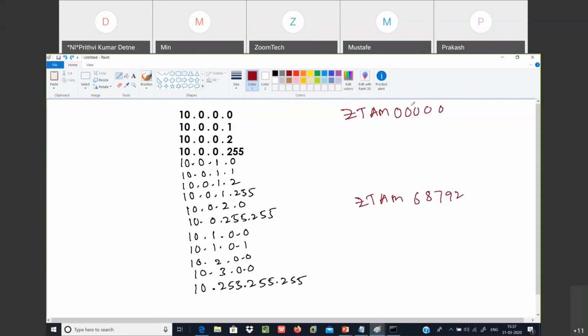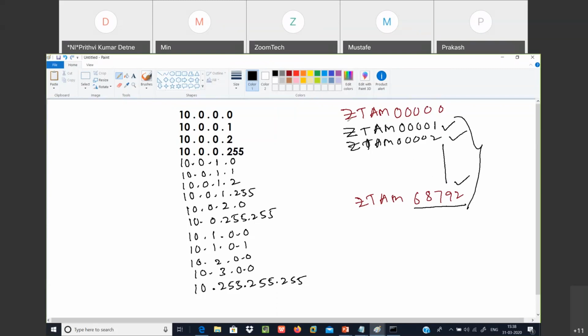Now, who joined as the first student in the Zoom organization? What will be the ID card, guys? What is the ID number? ZTAM00001. Exactly. Second student ZTAM00002. Like this, the number of students are joining. Now Ram's number is 68792. All remaining numbers are issued to students, right?